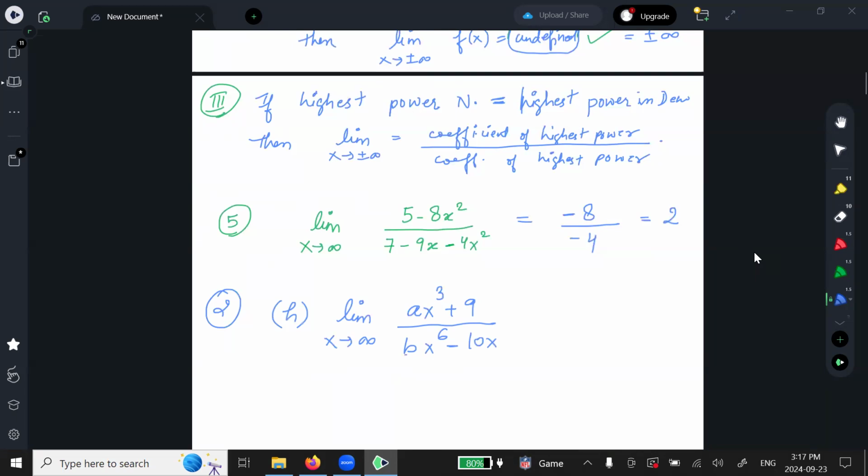Now you don't worry about a and b here. You just look at the rules. The highest power in the numerator is less than the highest power in the denominator. What will happen here? It's 0, right? Makes sense?